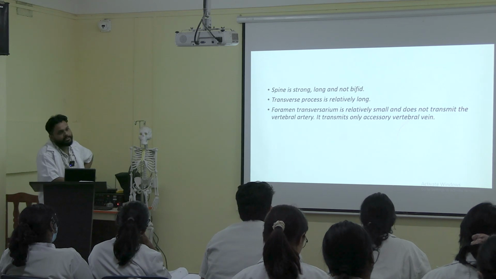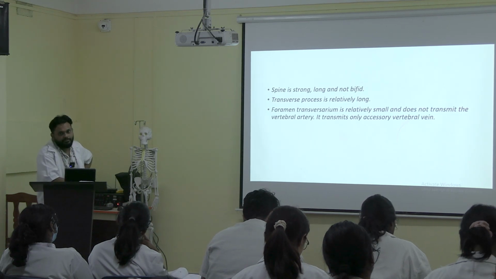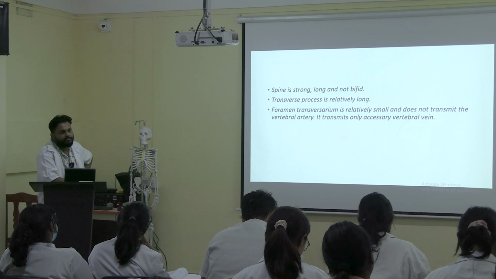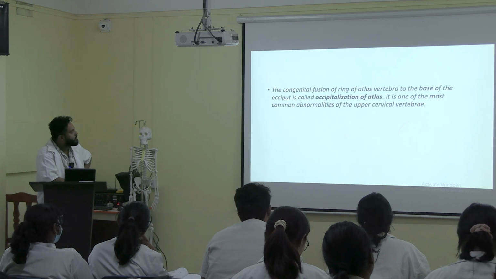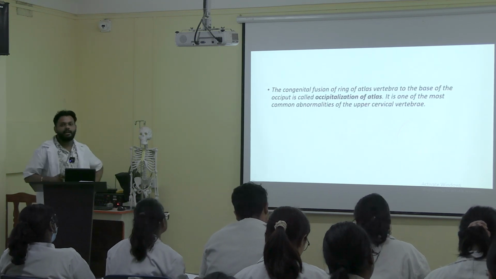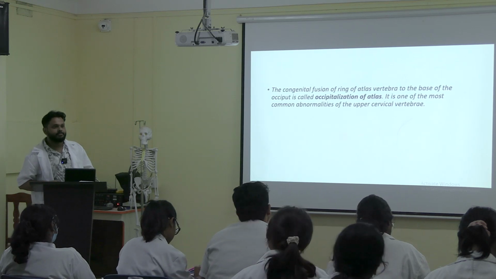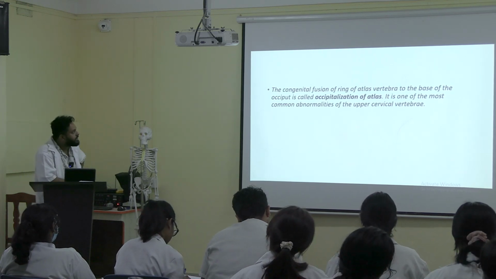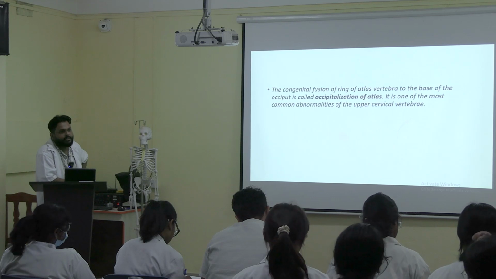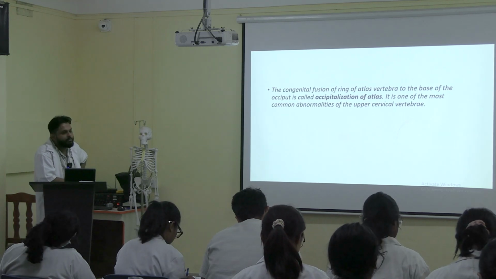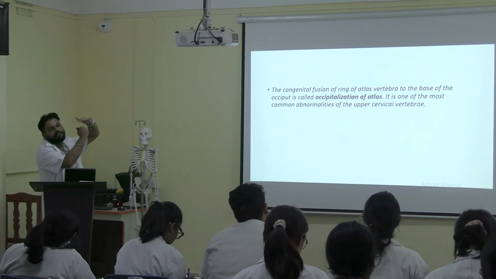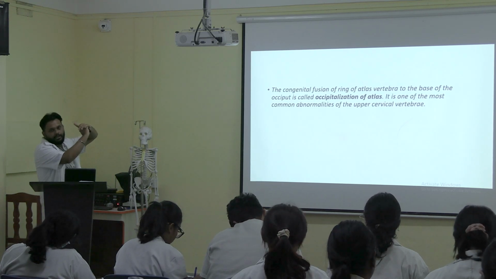Now there is something known as occipitalization of Atlas. What is it? There is congenital fusion of the ring of Atlas with the base of occiput. दोनों एक साथ fuse हो जाता है.